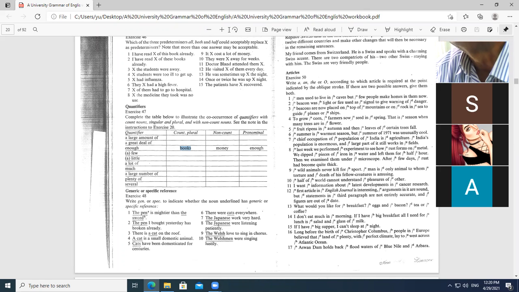A land of what? Of plenty, zero article. With a perfect climate. Lay to the west, across the Atlantic. Yes.